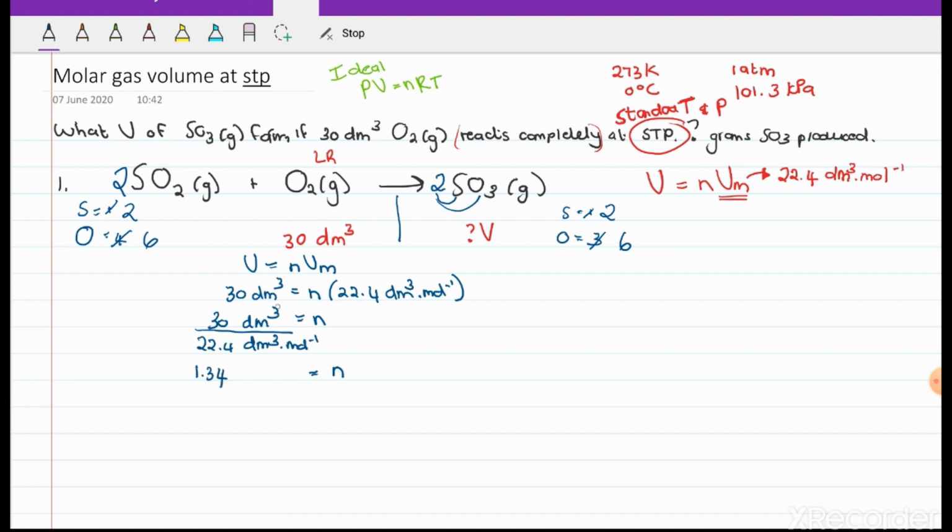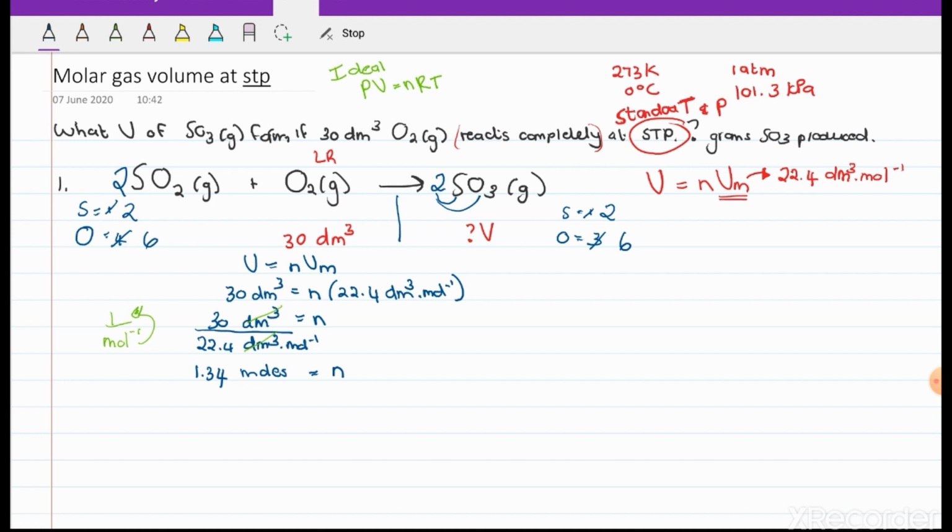And you will see that the decimeters will cancel, and you will have 1 over mole, right? So you are now going to bring that to the top, and that's going to become units of mole, and that's why we have the 1.34 moles. So now you have the moles of your oxygen.